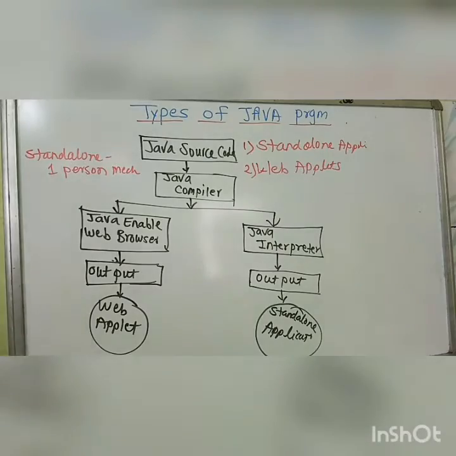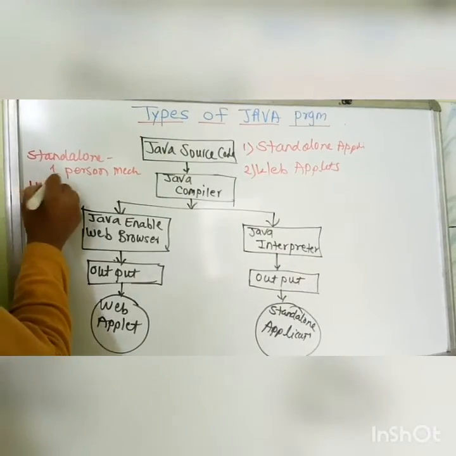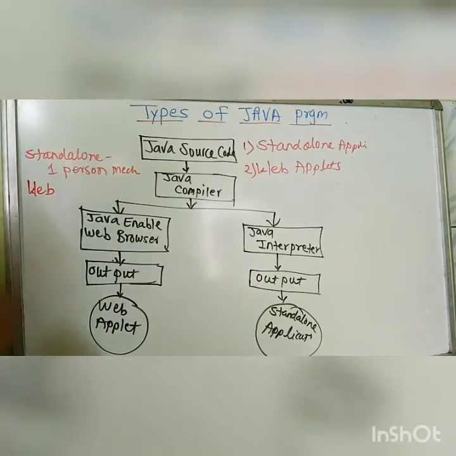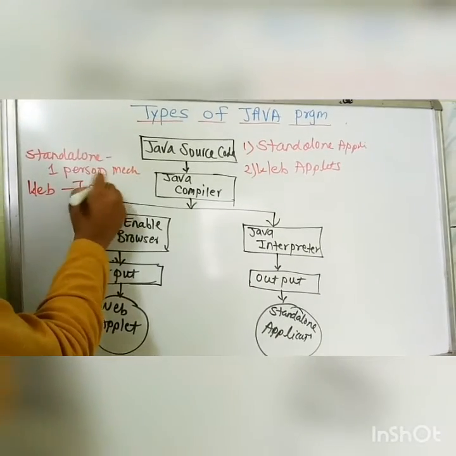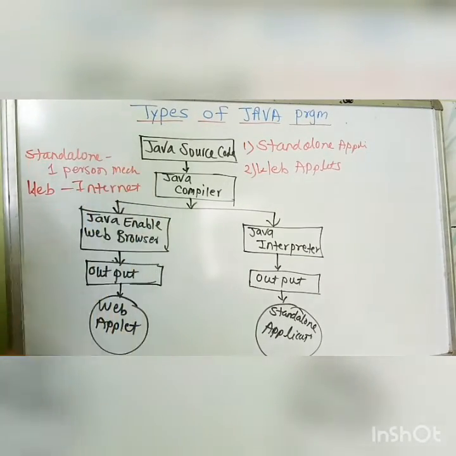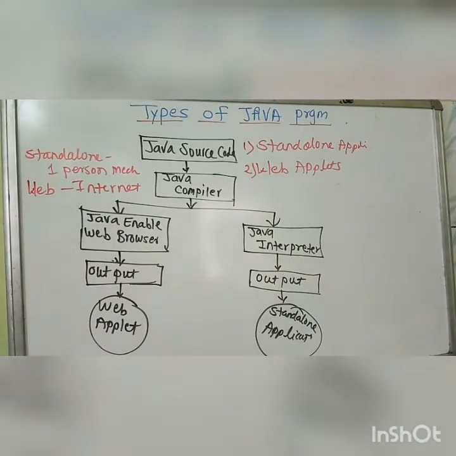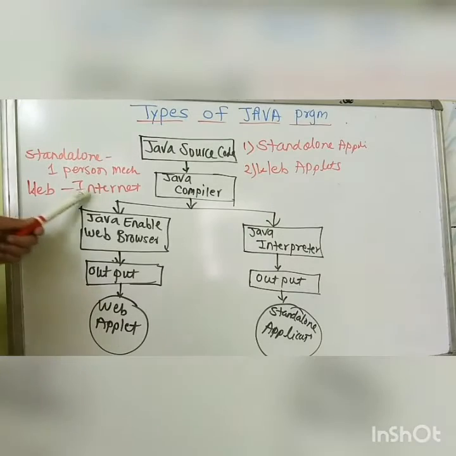The next term is the web applet. The term web comes with the mechanism of the internet. What is the web? It means we are developing an application which runs over the internet, so it can be used by many users across the country or across the world.